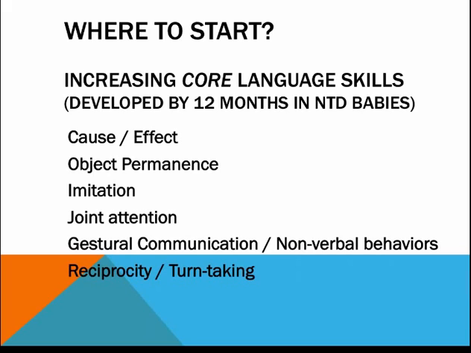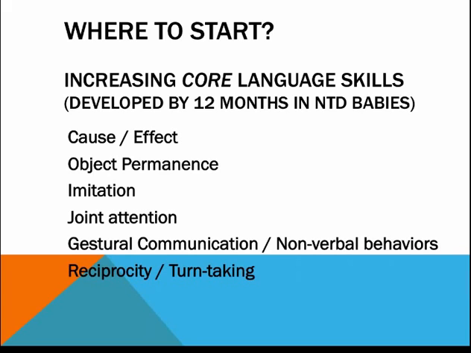So to me, increasing these skills goes hand in hand with doing an assessment and looking at what kind of an AAC system best meets the needs of this user. And I also want to mention that these core language skills are developed by 12 months of age in neurotypically developing babies.